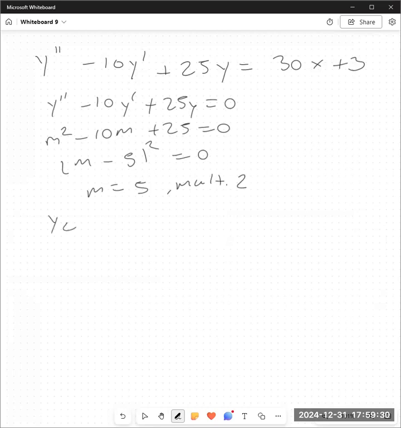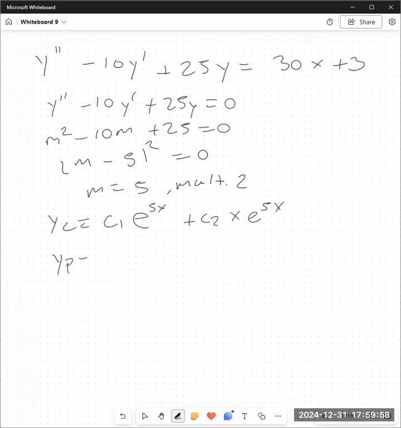So my complementary solution is C1 e to the 5x plus C2 x e to the 5x. I don't see anything on the right-hand side with an e to the 5x in it, so there's nothing in my particular solution that is already in my complementary solution. We'll see what happens later with that.